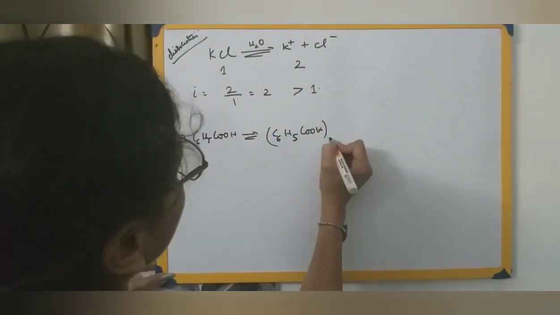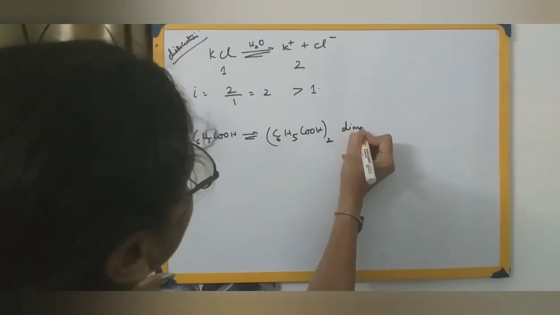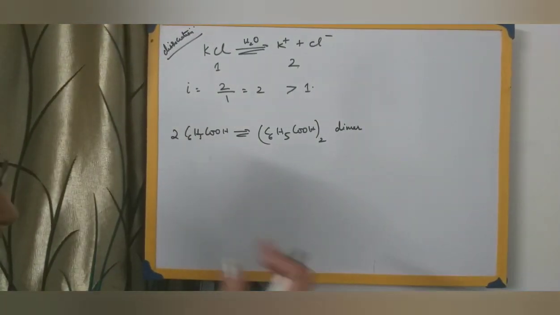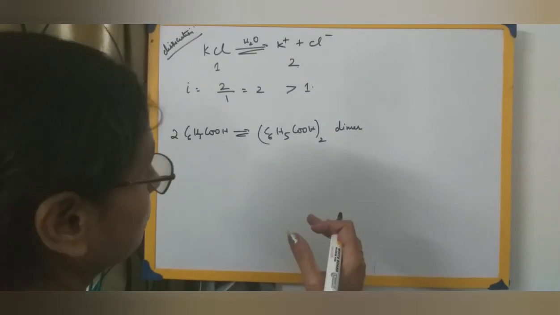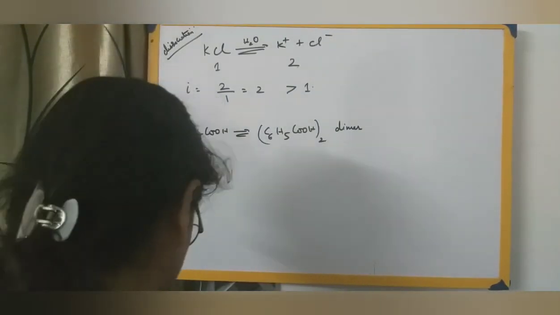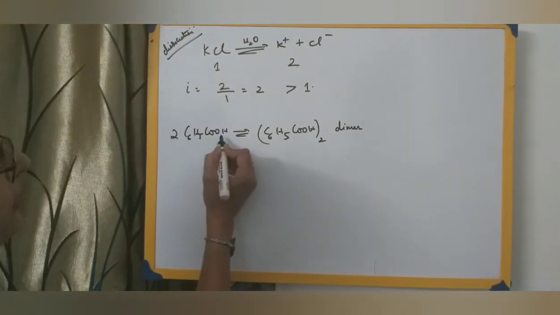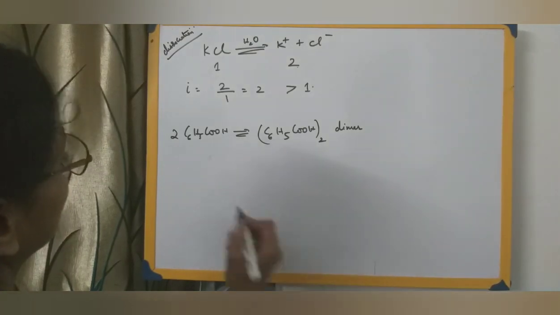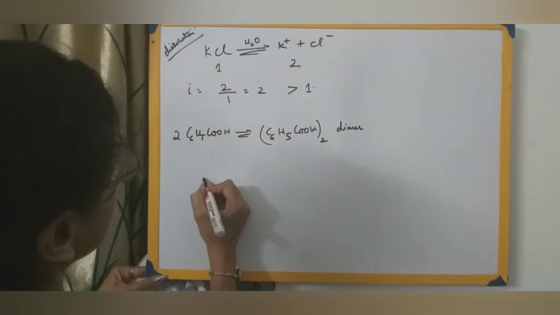So it is forming a dimer over here. Suppose when 3 molecules are combining together, that is called a trimer. When 4 molecules are combining together, it is called a tetramer. So over here two molecules we are taking and they will form a dimer. That is, it is going to undergo association. Now how it will undergo association, let me show you.